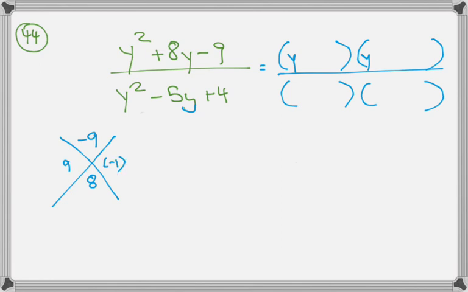Plus 9, minus 1. And in the denominator, we need a 4 multiplied and a negative 5 added. Which two numbers multiply to 4, but at the same time add to negative 5? Negative 4 and negative 1.